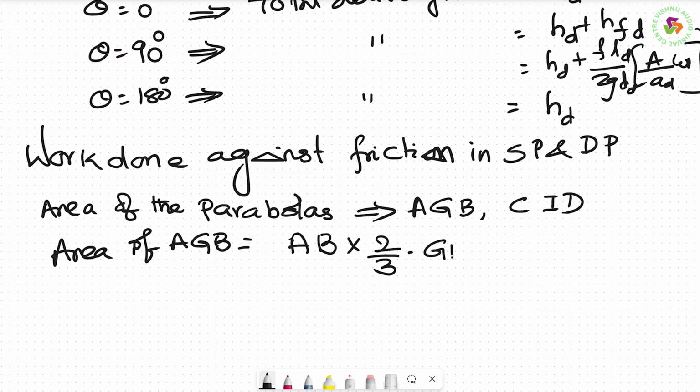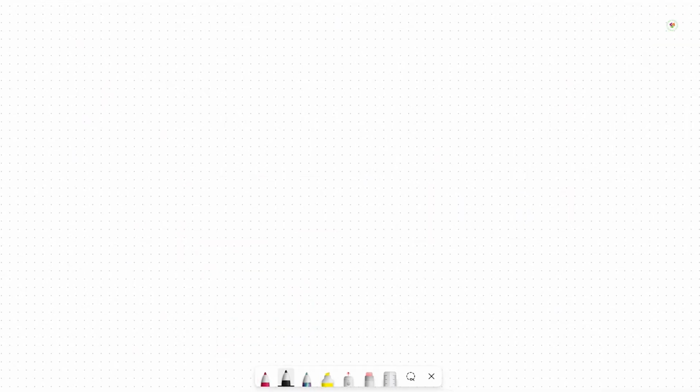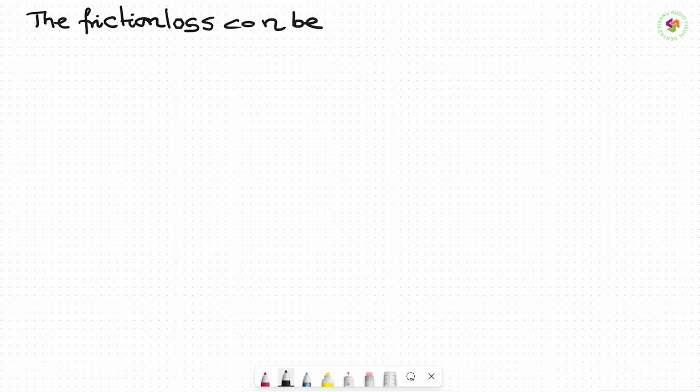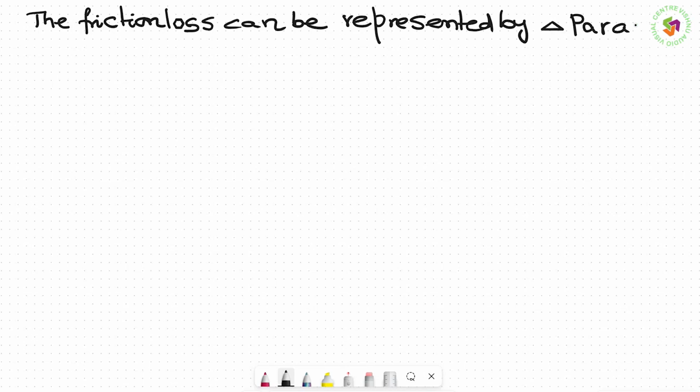So the friction loss can be represented by a parabola in the indicator diagram.